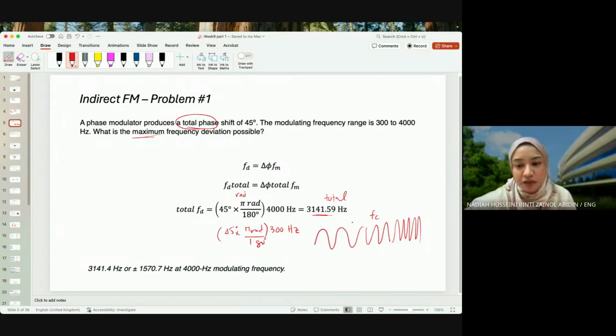So this is the deviation, FC plus FD, FC minus FD. It's deviating from the carrier frequency, or from the center. So this gives us the total, which means that we need to divide this by 2 to get the plus minus FD. Plus minus FD is not total. Total is 2FD.